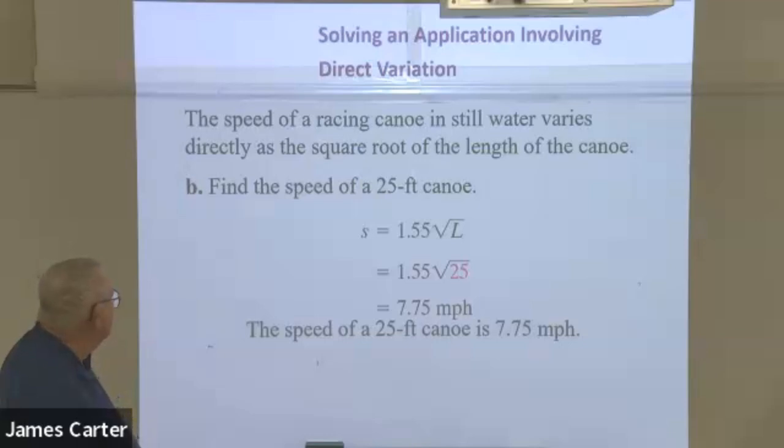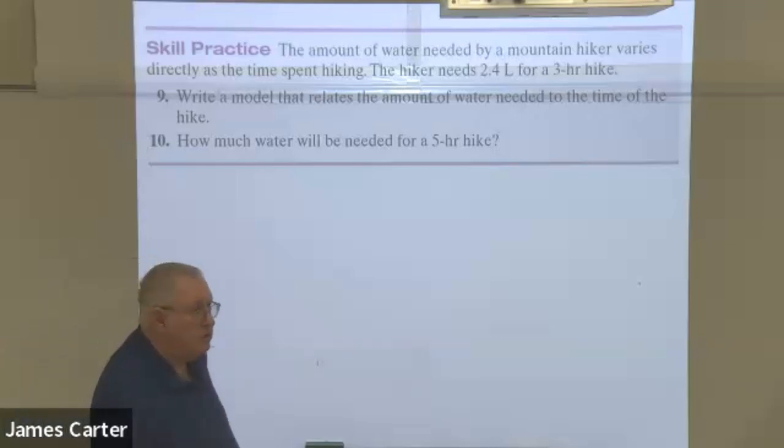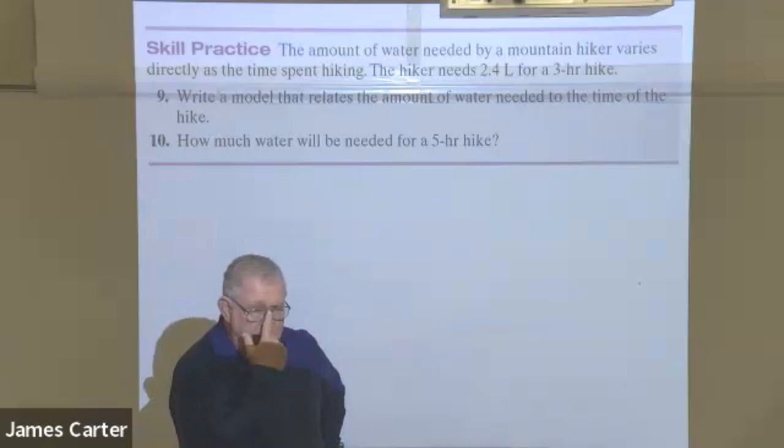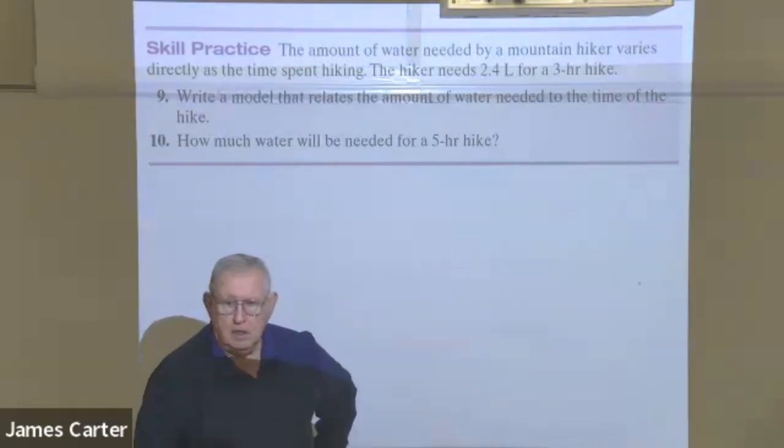All right. This one could be practical too if you like the outdoors. We did some hiking this summer, my family. We went to a place called Devil's Lake up in Wisconsin. Beautiful lake, kind of a small lake.